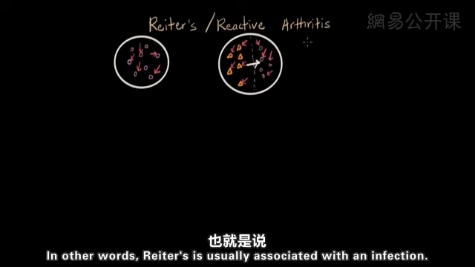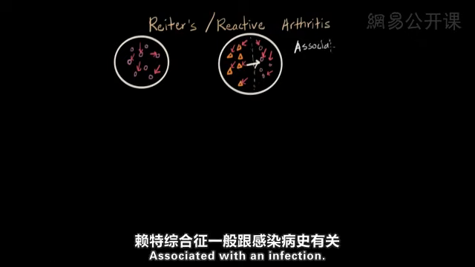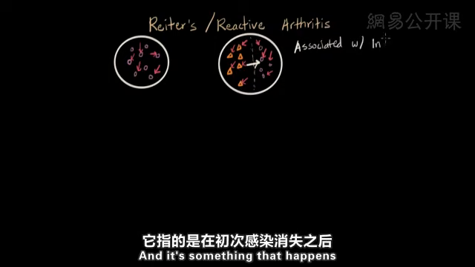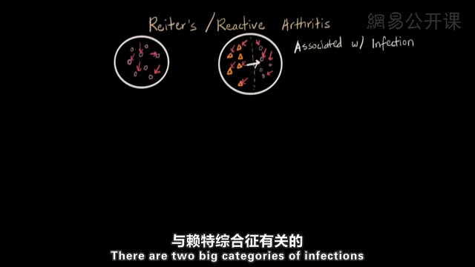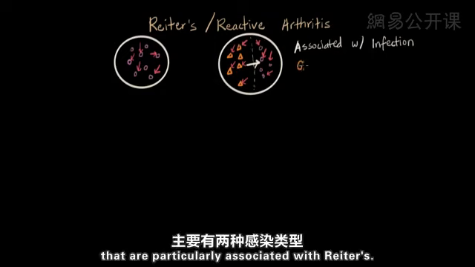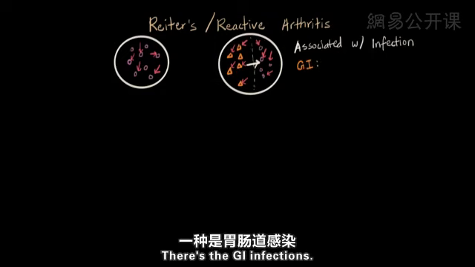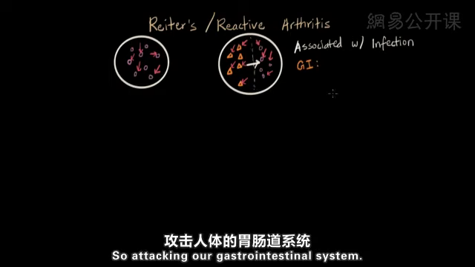In other words, Reiter's is usually associated with an infection, and it happens after the original infection is gone, from the residual immune effect. There are two big categories of infections particularly associated with Reiter's. There are the GI infections, attacking our gastrointestinal system.